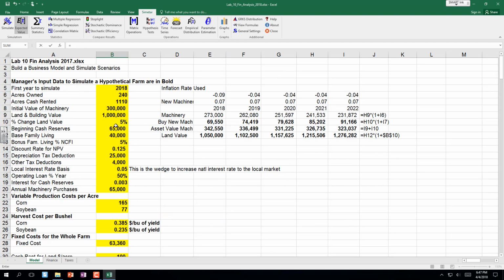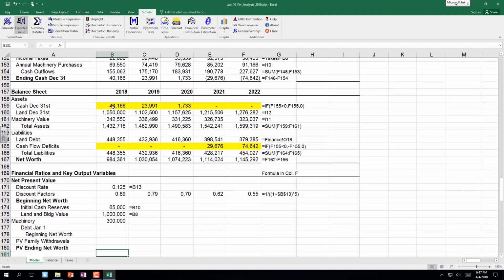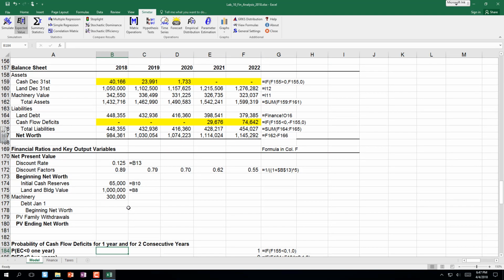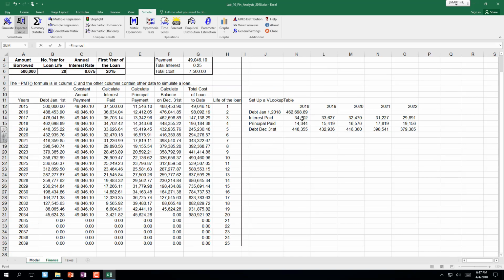And it's in B8. Now, remember in finance we got 1 year's debt on January 1, 2017, and go to finance, it's that debt right there in K13.